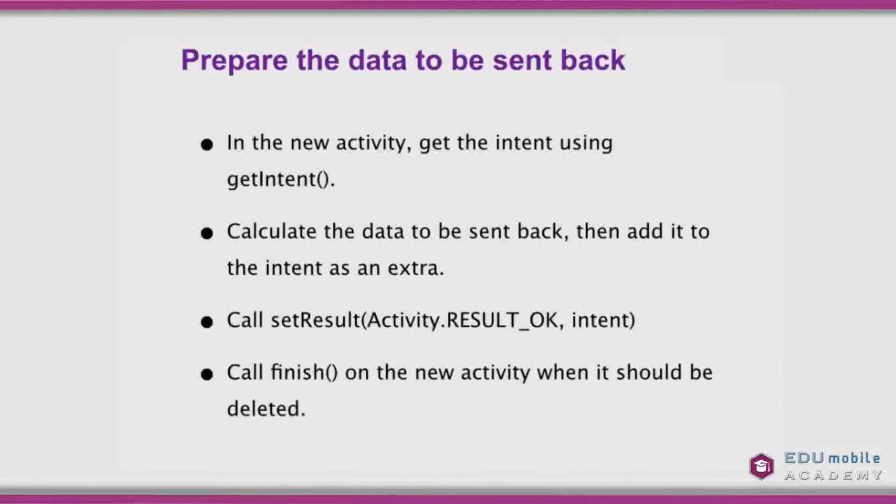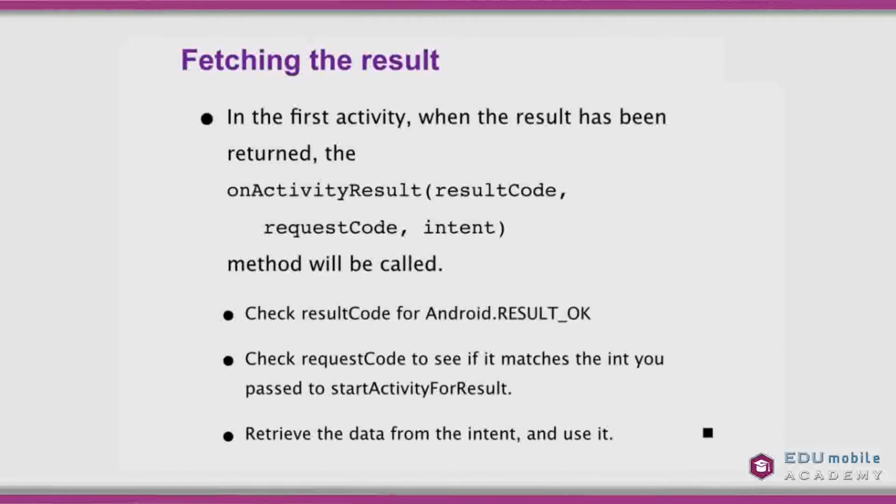It's sitting out there, and where does it go? Well, when this is done and a result is set, then the first activity resumes, I should say, and there is a callback method called onActivityResult. And that is what we override to get this result.